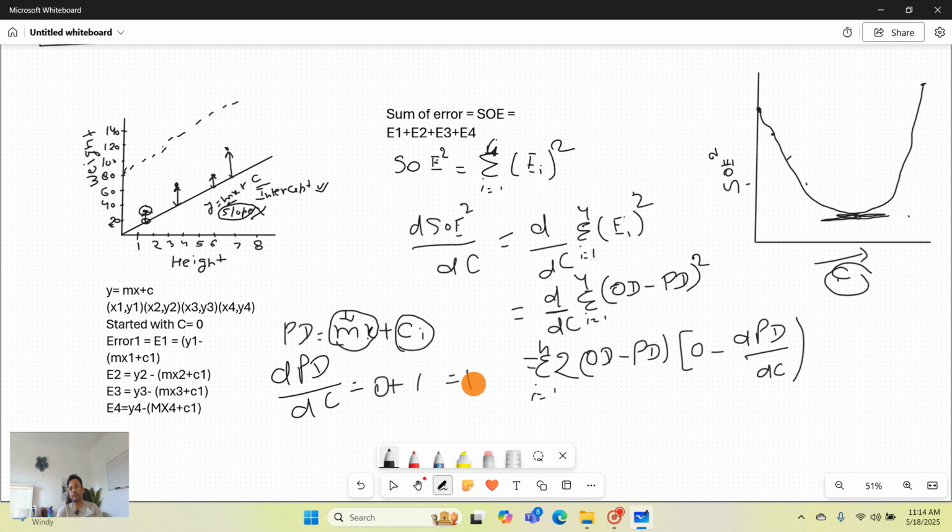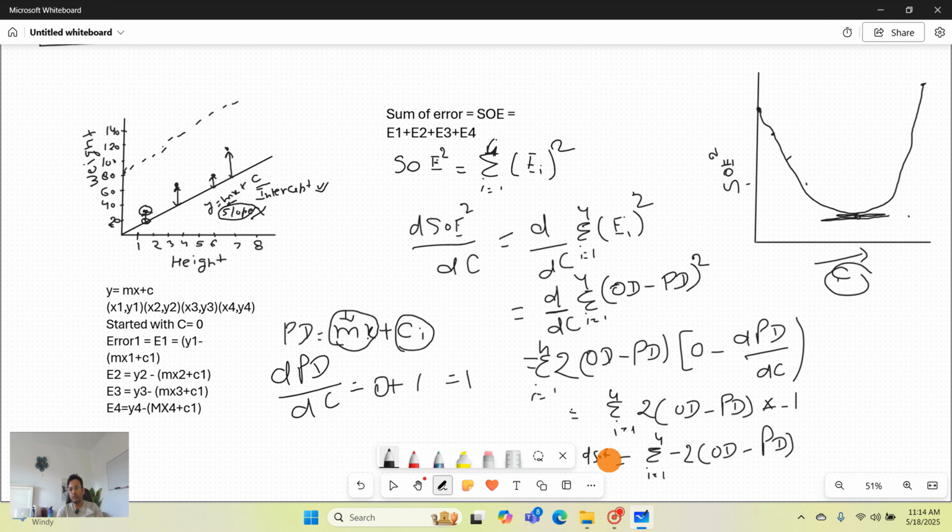So actually this value is 1. So this comes out to be the summation, i equal to 1 to 4, of 2 times OD minus PD, observed value minus predicted value, into minus 1. Which means, to simplify, this is i equal to 1 to 4 of minus 2 times observed value minus predicted value. Now we know what our goal is.